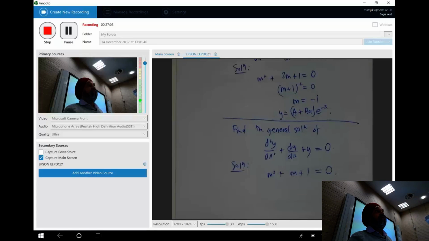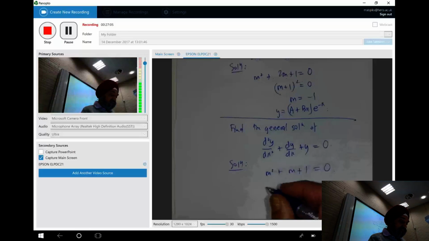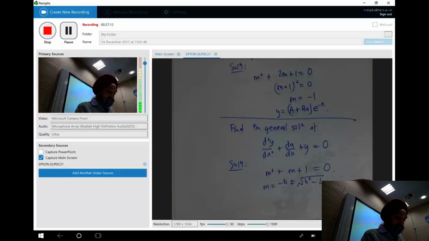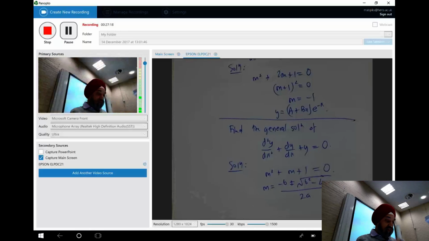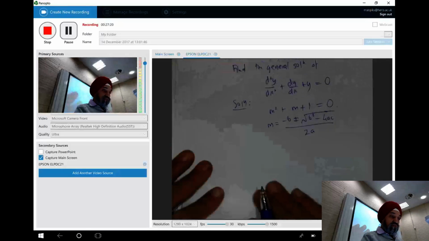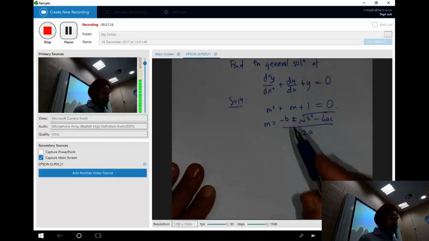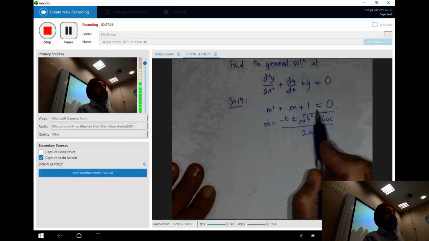Yeah, the quadratic formula, okay, which is m is minus b plus or minus the square root of b squared minus 4ac, all over 2a. And what are a, b, c in this case? A is 1, b is 1, and c is 1, isn't it?